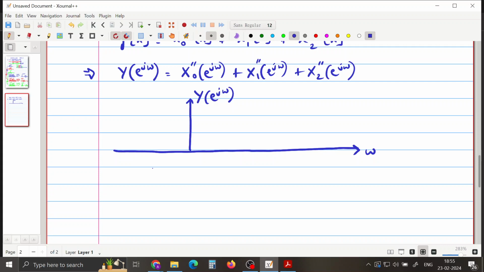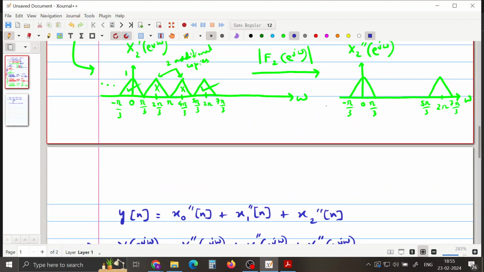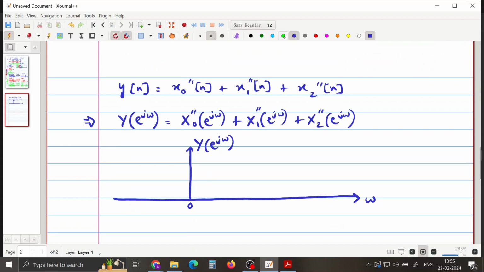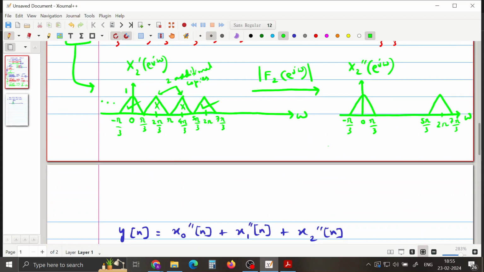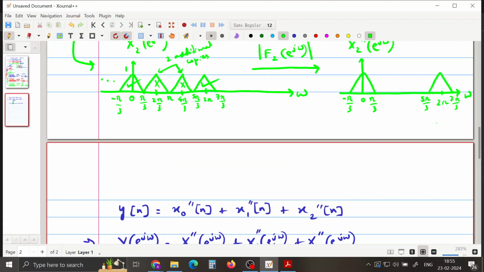Okay, if I label this as 0, now from minus pi by 3 to pi by 3, this green portion was coming from x2 double prime. This is from here to here, minus pi by 3 to plus pi by 3. And again it repeats at 2 pi.